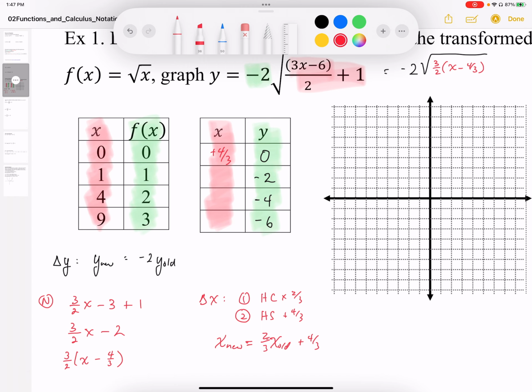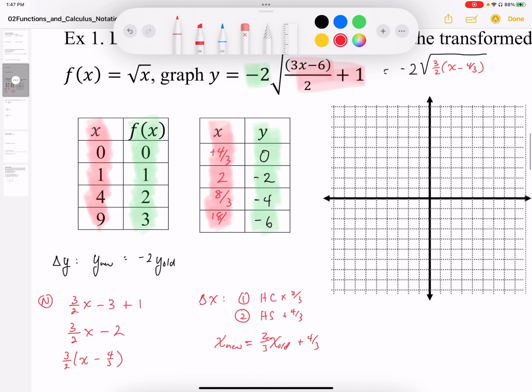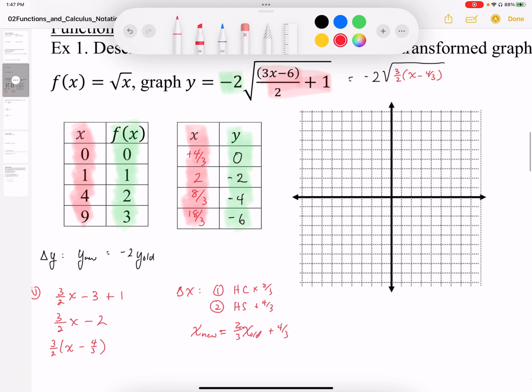Times by 2/3 plus 4/3 is going to give me 6 over 3, which is 2. Times by 4, 2/3 plus 4/3 is going to give me 8 over 3. 9 times 2/3 plus 4/3 is going to give me 18 over 3. So these then represent my new coordinates.